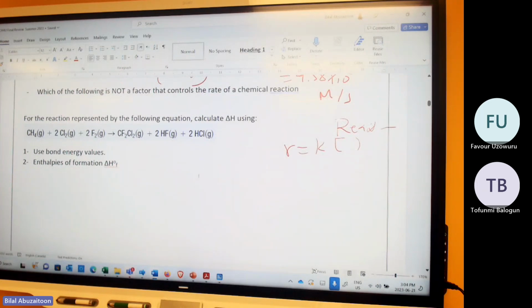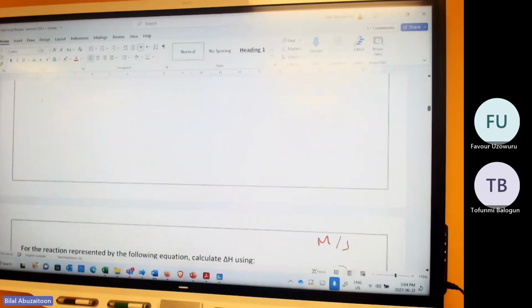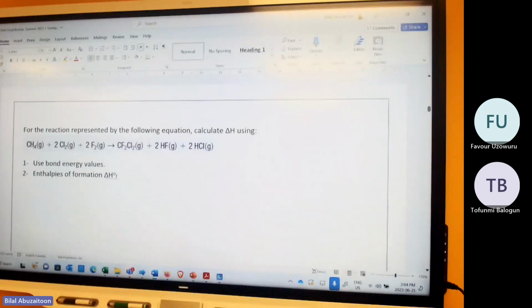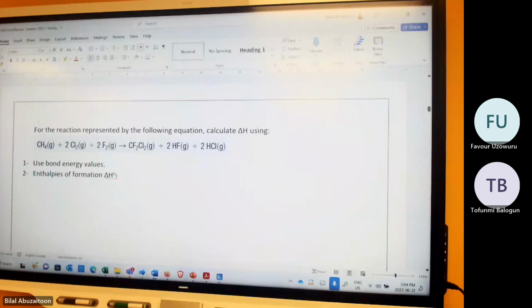For the reaction represented by the following, calculate delta H. Let's have this on a new page. In this question, we will review finding the delta H of the reaction using two different methods: using the delta H naught formation of reactants and products, and using the bond energies.